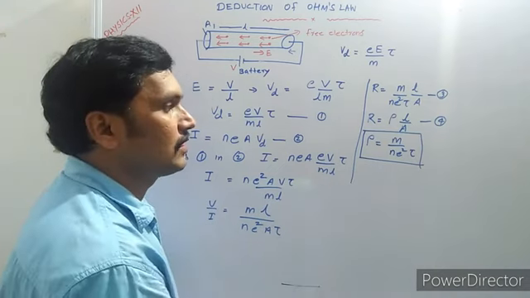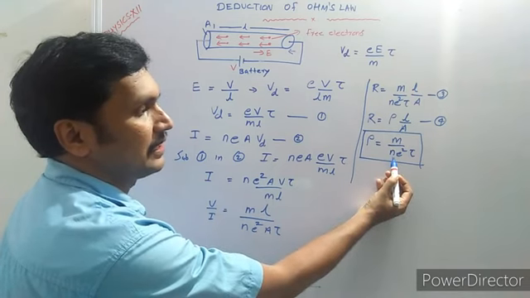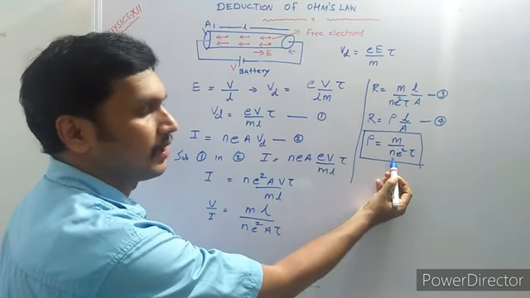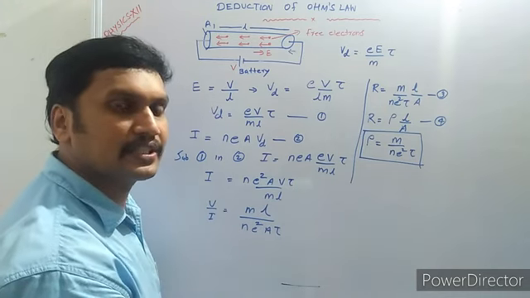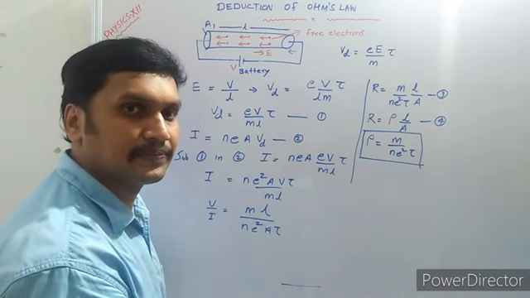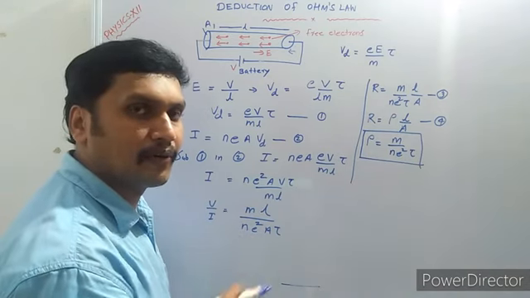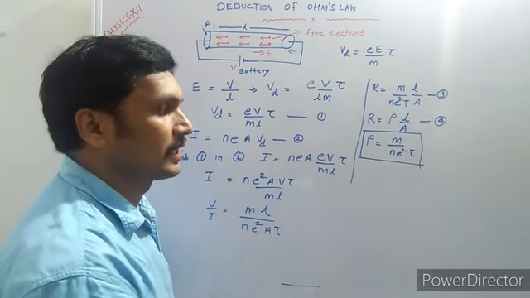The resistivity depends on the number density n of the electrons in a conductor. You know that the number density of electrons depends only on the nature of the conductor. It does not depend on any other factor.